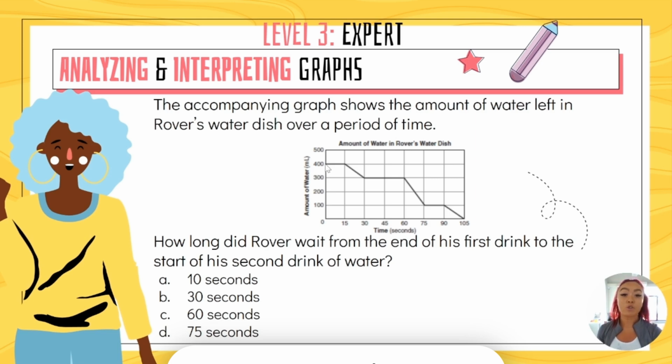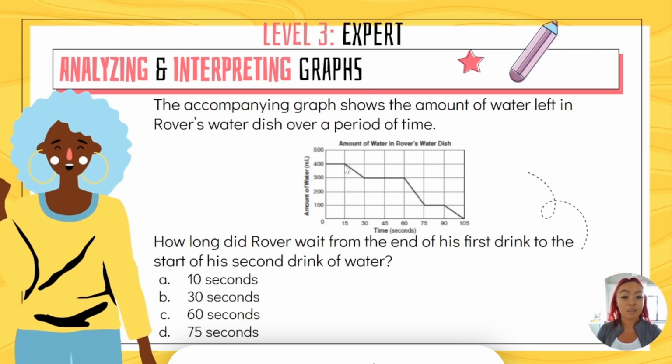And if we start moving to the right, between 0 and 15 seconds, the graph is constant. So the amount of water in his dish is staying the same, and Rover isn't drinking anything.